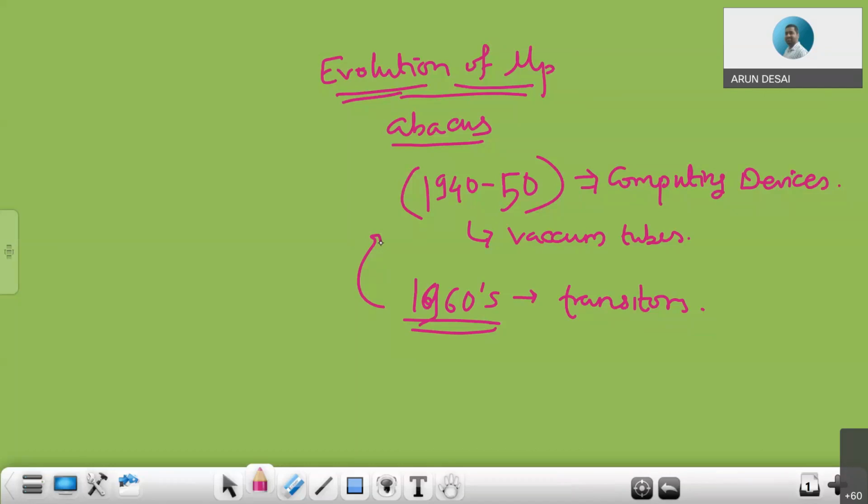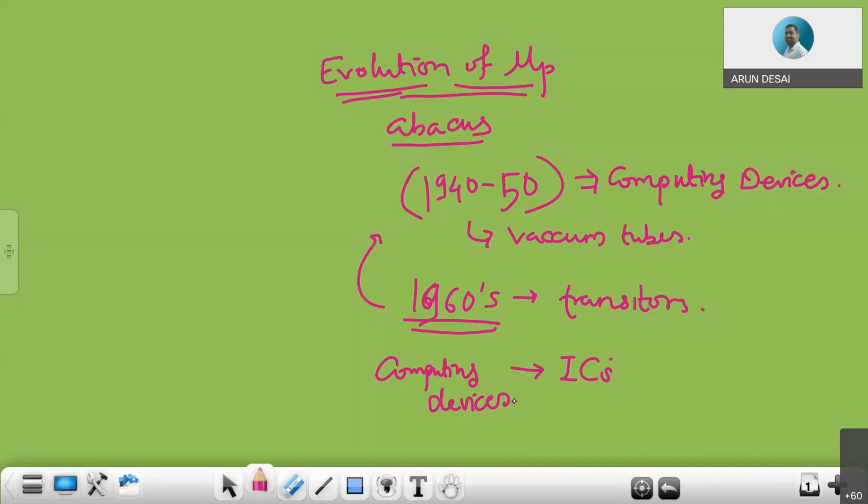And finally they came up with ICs or integrated circuits. They made integrated circuits and these computing devices again had their additions, right. So त्याच्यात ICs वगैरे ऍड केले.